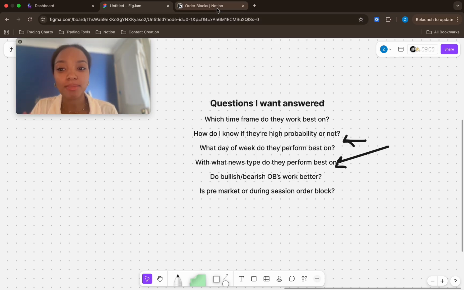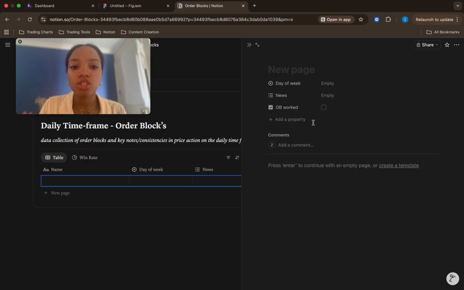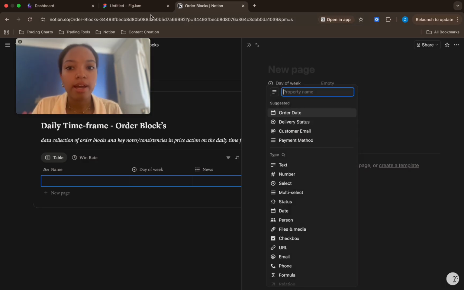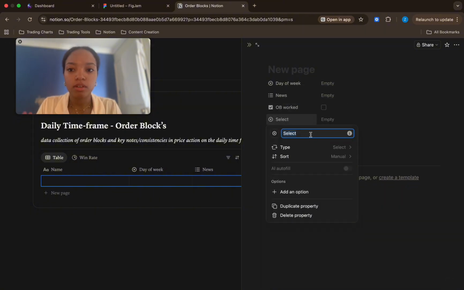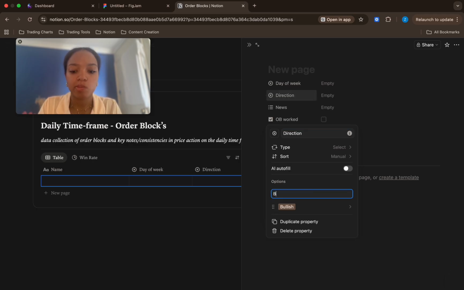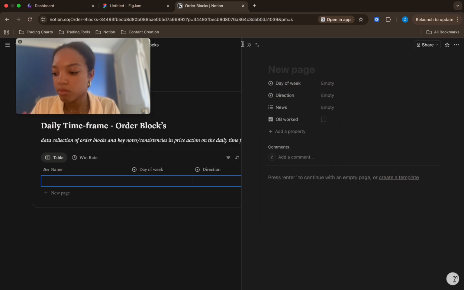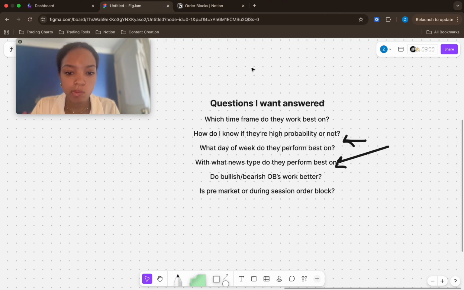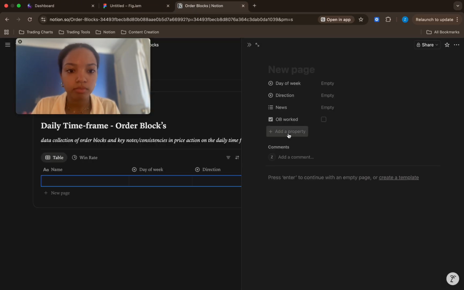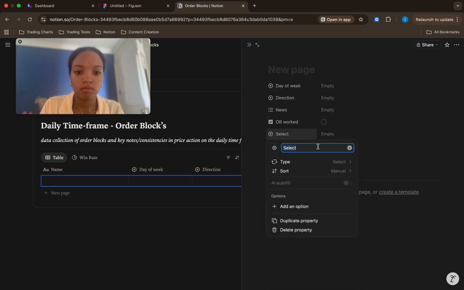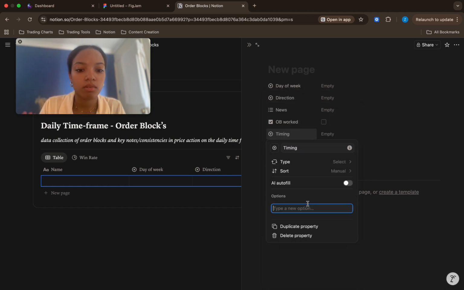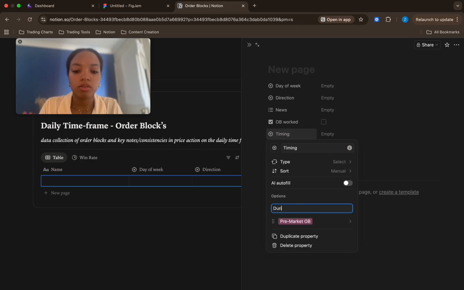So that's how deep we're going to take this order block mastery thing. So, day of the week, the news type, the direction, pre-market order block, or during-market order block.